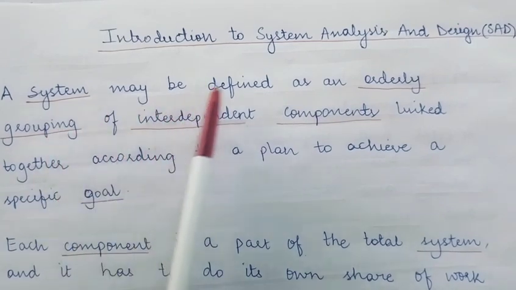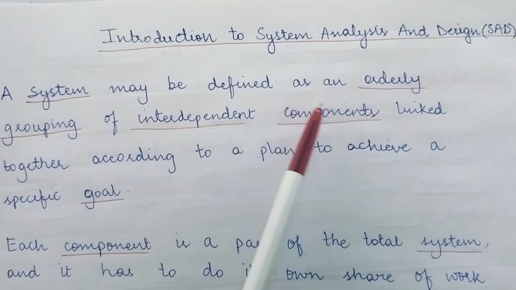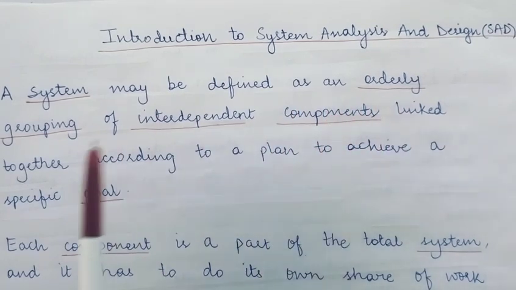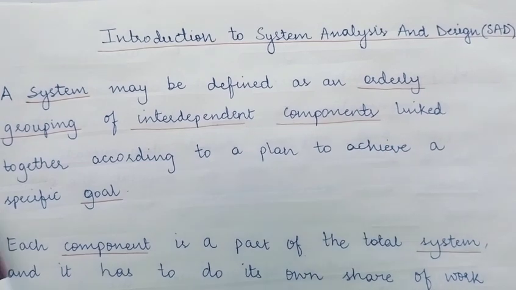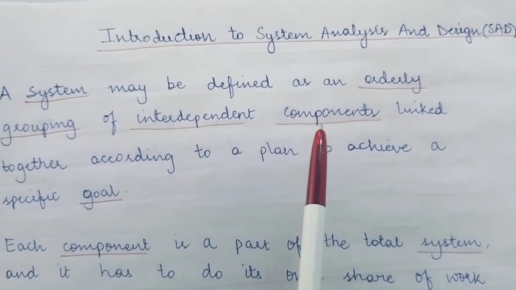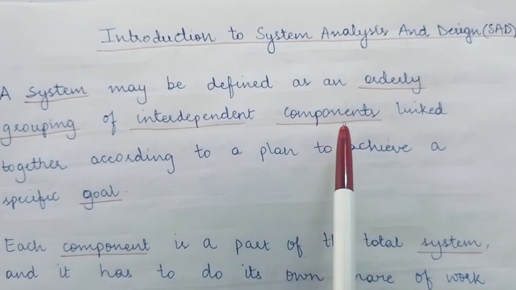A system may be defined as an orderly grouping of interdependent components linked together according to a plan to achieve a specific goal. So what is a system? A system is an orderly grouping of interdependent components.